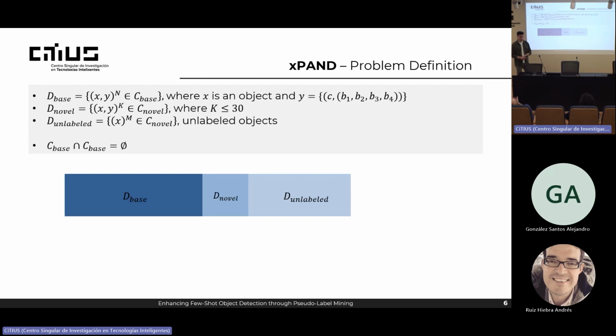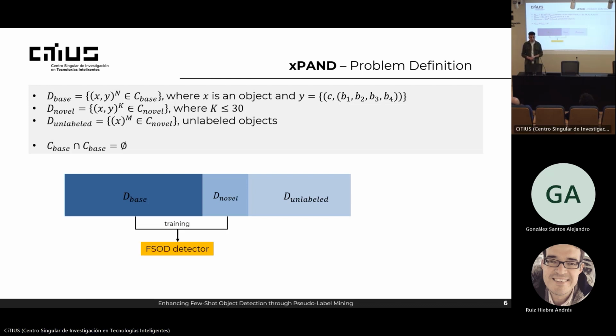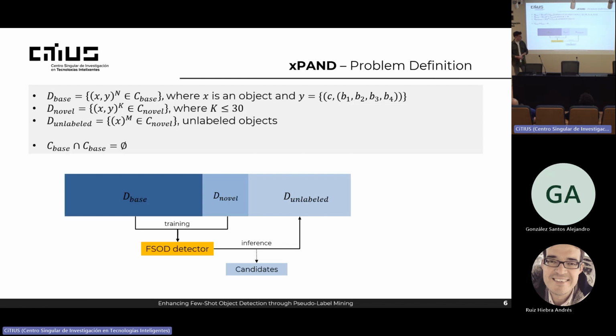So in our method, first we train a detector on the labeled data. Then we use this detector to mine pseudo-labels in the unlabeled images. The problem is that these pseudo-labels usually have wrong categories or are badly framed.